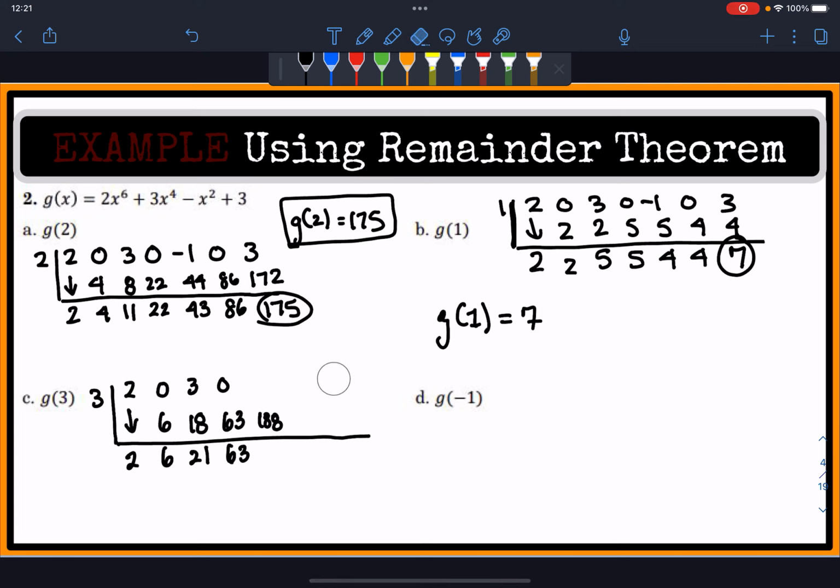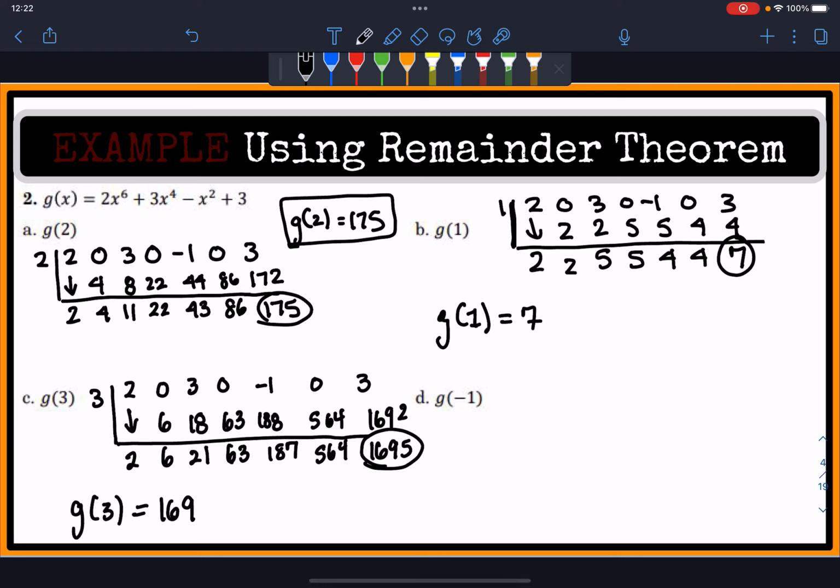Let me give some more space here so it looks like I have this lined up. -1, 0, and then 3 over here. So that's going to give us 188. 188 times 3 is 564. Plus 0 is the same, and then 564 times 3 is 1692, plus 3 is 1695. So G of 3 is equal to 1695.